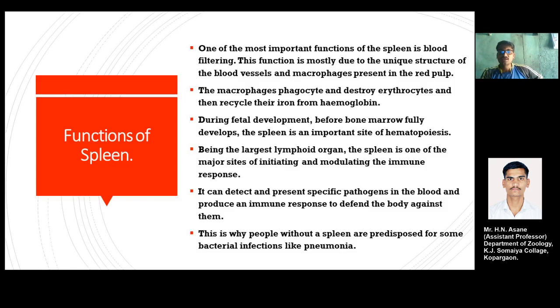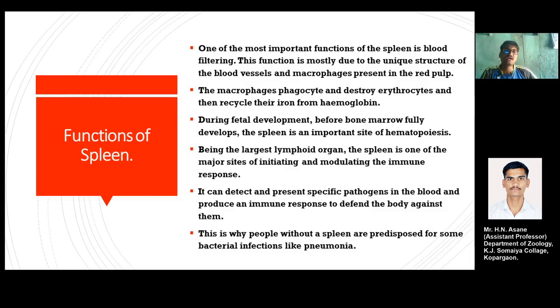So in those fetal developmental stages, until your bone marrow, femur and ribs are capable of carrying out hematopoiesis, the spleen functions for hematopoiesis. Hematopoiesis occurs in the spleen during fetal development.